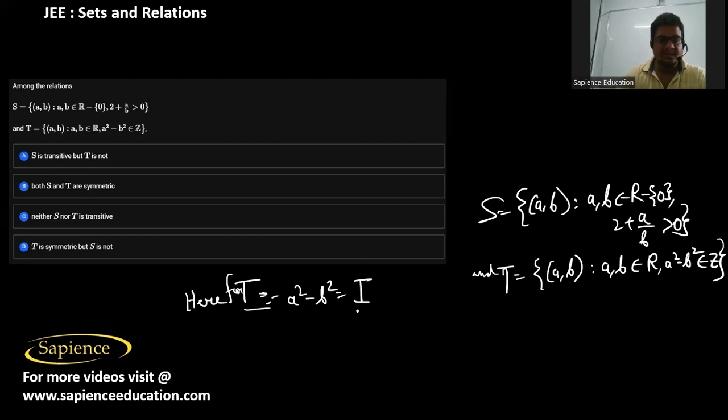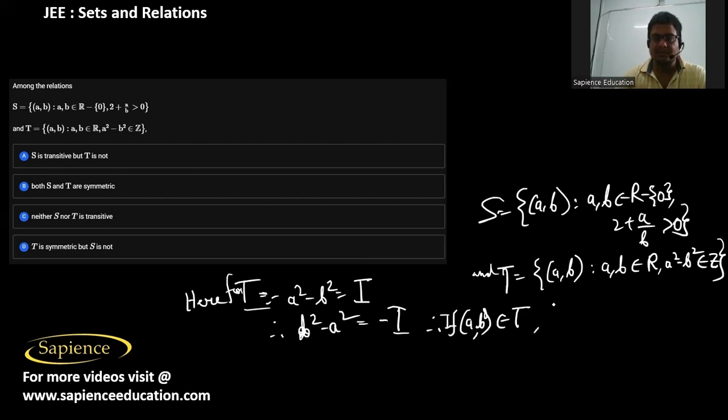So let's call this I. Therefore B square minus A square also should be minus I, so it is also an integer only. So if (A, B) belongs to the relation T, then (B, A) also will belong to the relation T. So I can say T is a symmetric relation.